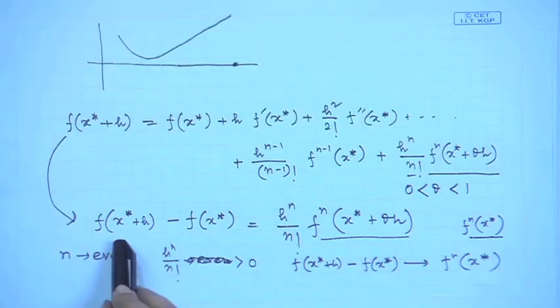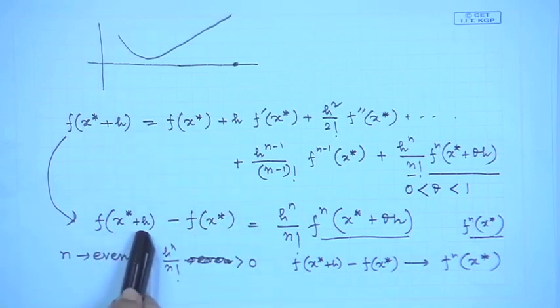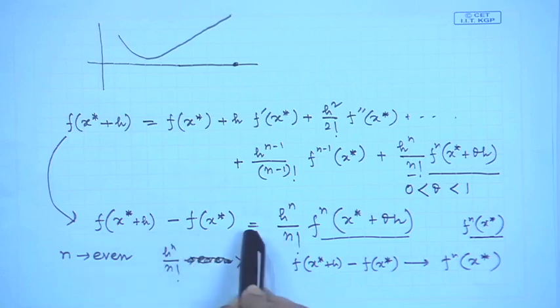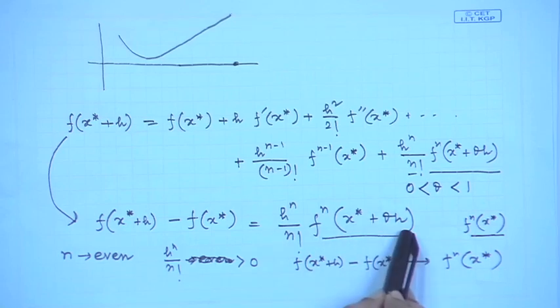Now, you see what we are getting from the Taylor series, that f of x star plus h minus f of x star is equal to h to the power n by n factorial times f n of x star plus theta h.